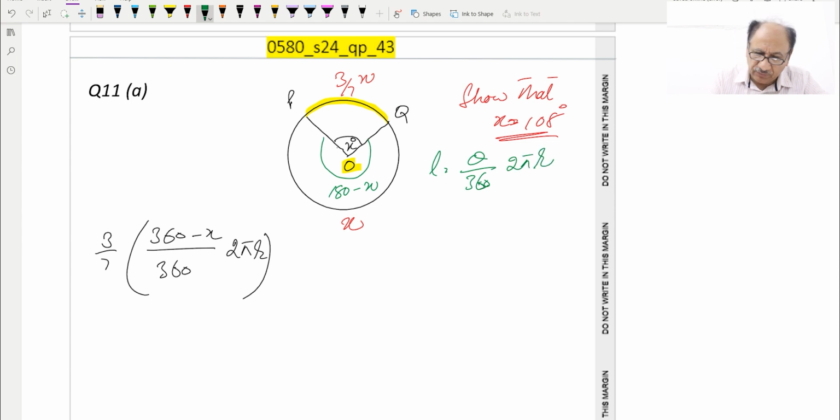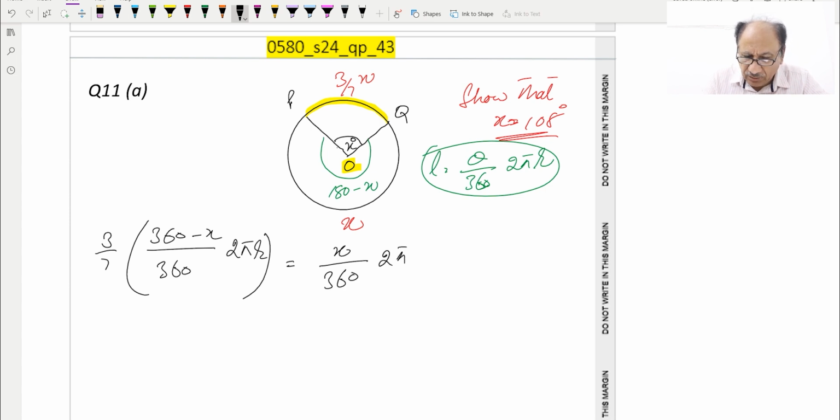This is the arc length formula which we are applying. Hopefully you know this. Then this is equal to x over 360 into 2 pi r, again the length formula for the minor arc.